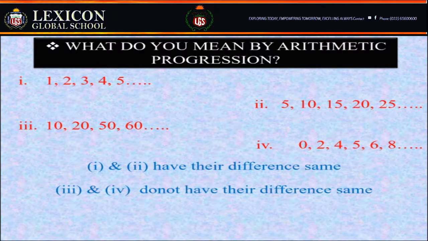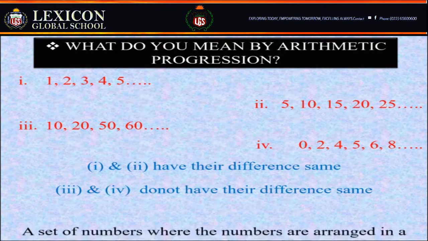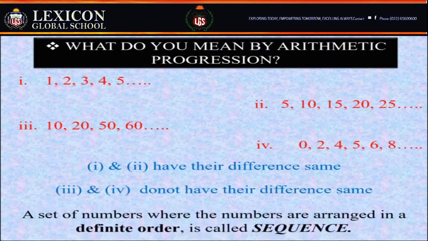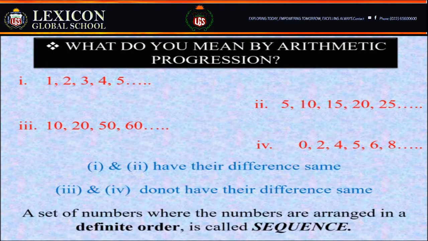So now what do you understand by the word sequence? As we discussed earlier, a set of numbers where the numbers are arranged in a definite order, we call it a sequence. So now from these 4 examples, which are our sequences? Example 1 and example 2 are in a sequence.